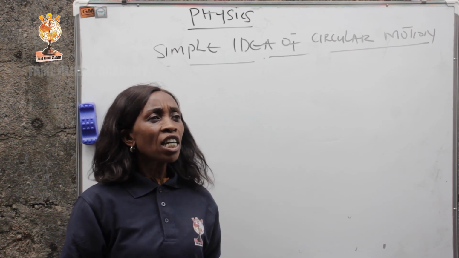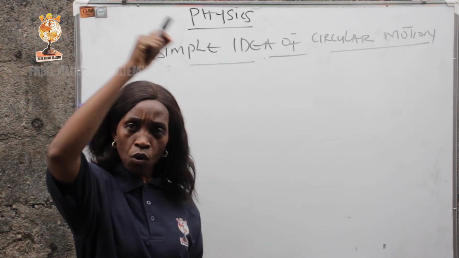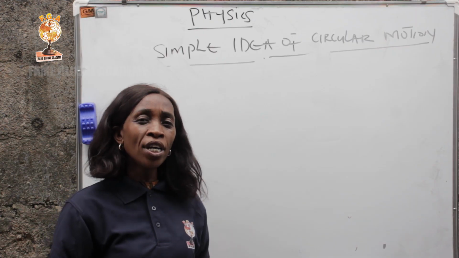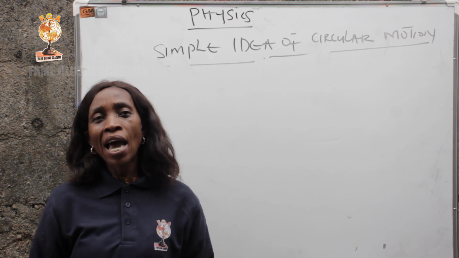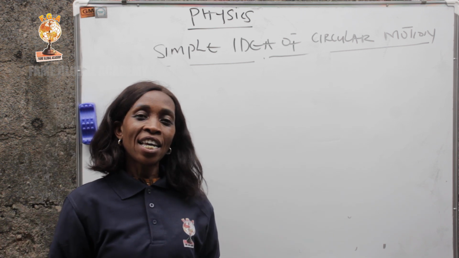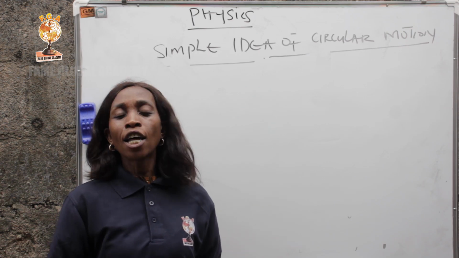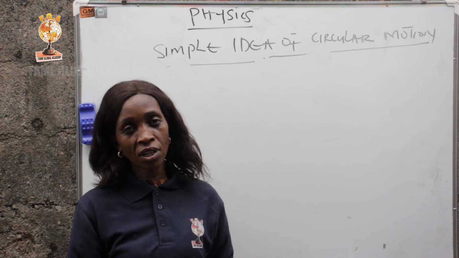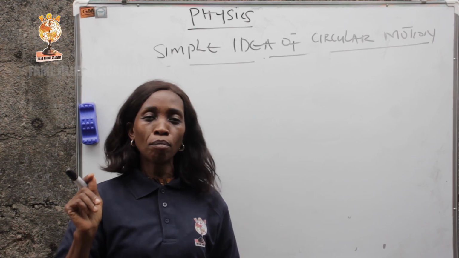Either it's swinging in a horizontal circle or a vertical circle, it is undergoing uniform circular motion. And also the moon moving around the earth is undergoing a uniform circular motion. The earth moving around the sun is equally moving with a uniform circular motion.